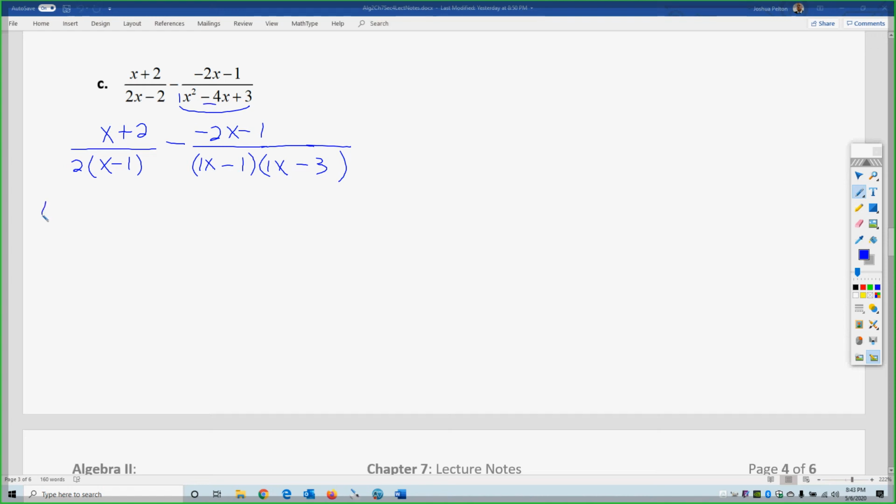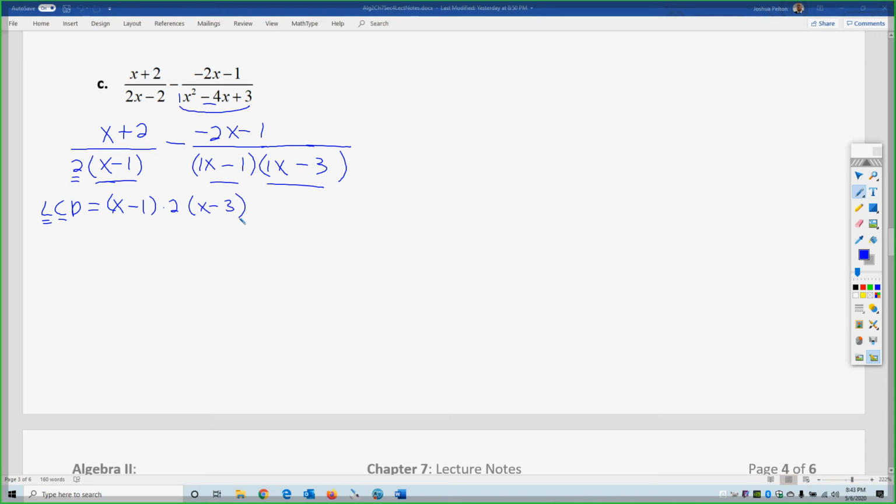Okay, so lowest common denominator, they have in common an x minus 1, right? What's left over is a 2 and an x minus 3. Okay. All right, so we'll rewrite the problem.